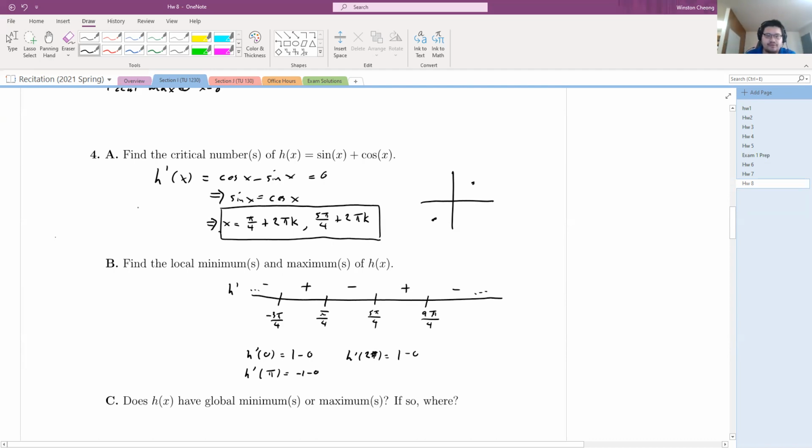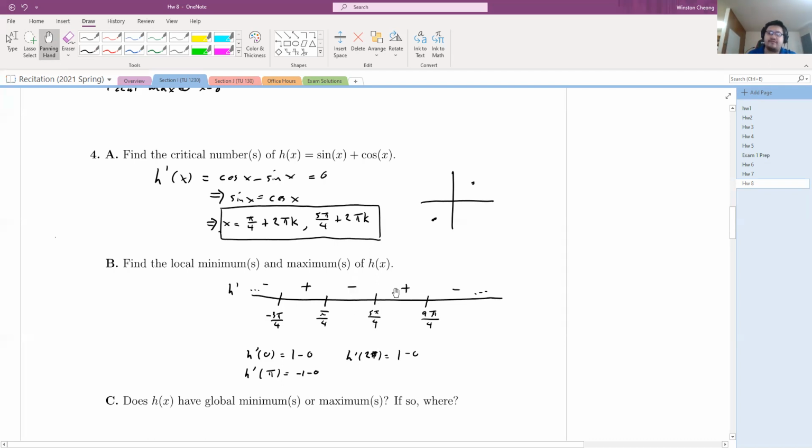And so what you see here is the pi over 4 and the 9 pi over 4 belong to the same family, this first family. And you see going from plus to minus in both of them. So you're going to be able to classify this whole family as being a local max in this case. And then the 5 pi over 4 and the minus 3 pi over 4 also belong to the same infinite family, the second family, and they're both minus to plus.